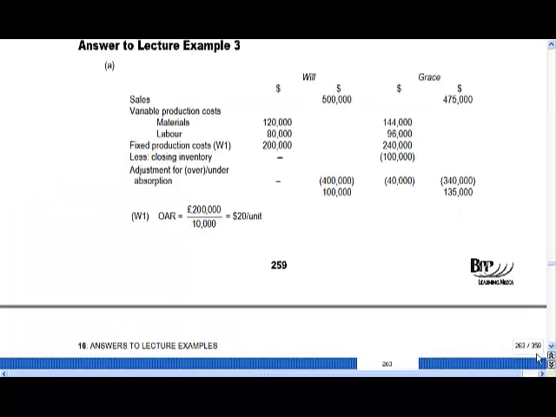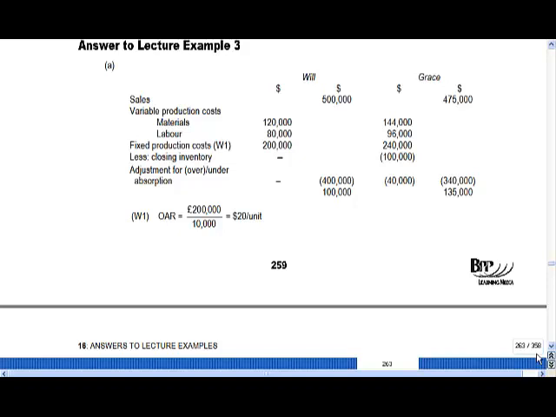Okay, so hopefully your answer to part A would look something like this. So for Will and Grace, we've got their sales units multiplied by $50 a unit. For materials, we're bringing in the production units. So for Will, 10,000, Grace 12,000, and multiplying that by the direct material cost of $12 a unit.